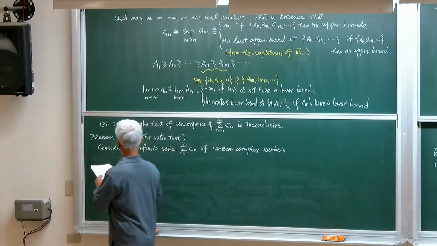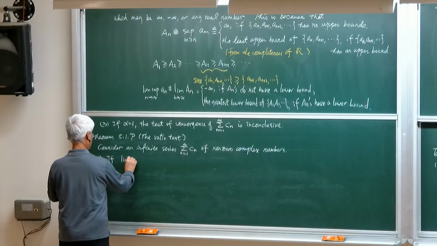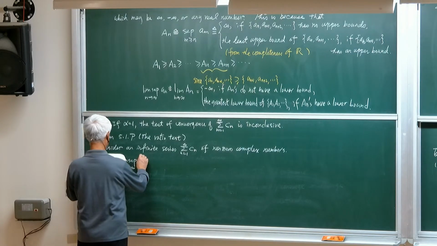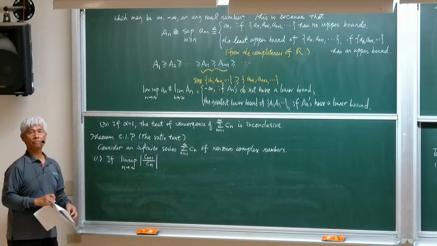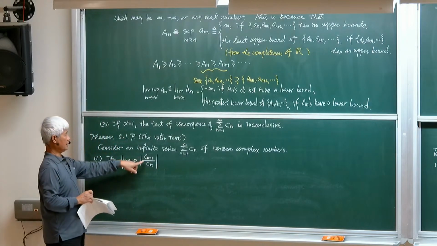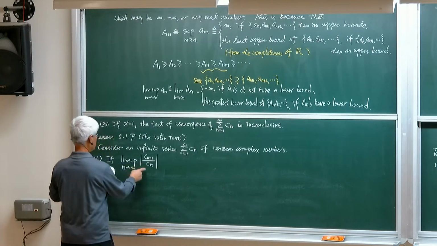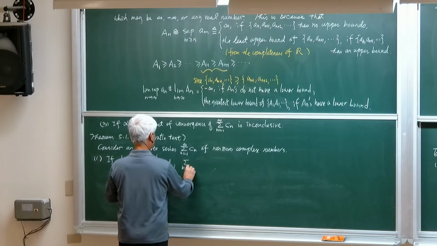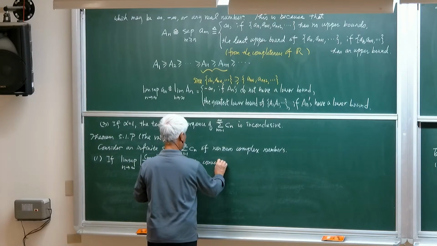Then, if the lim sup as n goes to infinity of the ratio of the absolute value of adjacent terms is less than 1, then this infinite series converges absolutely.